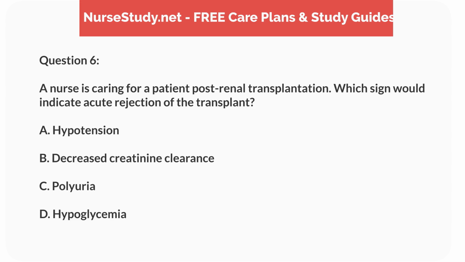Question 6. A nurse is caring for a patient post-renal transplantation. Which sign would indicate acute rejection of the transplant? A. Hypotension. B. Decreased creatinine clearance. C. Polyuria. D. Hypoglycemia.